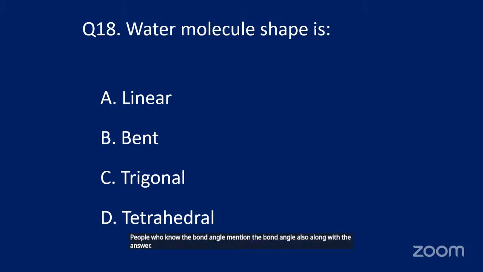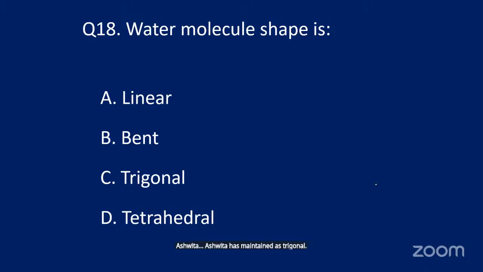So Pranita's answer is bent. Varshini's answer is linear. Any more? Ashvita has mentioned it as trigonal. Navtej, trigonal.